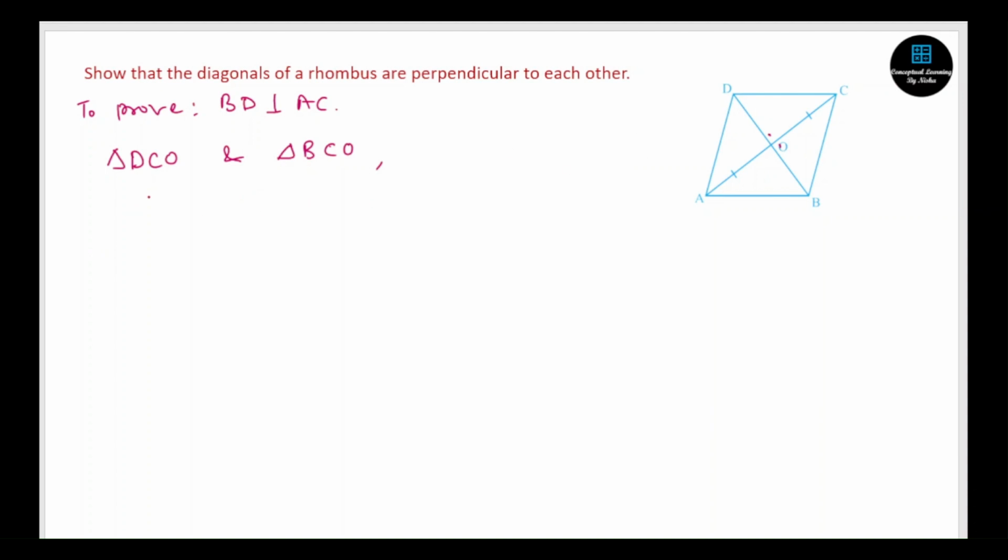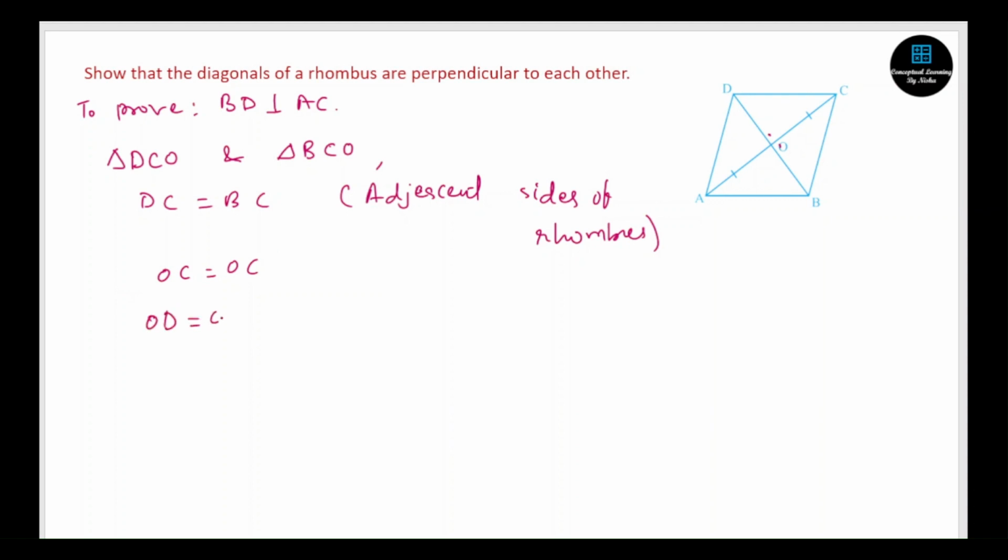Now here, what can I say? DC is equal to BC, adjacent sides of a rhombus, correct? Also OC is common, correct? OC is equal to OC, and we already know that the diagonals of a parallelogram bisect each other. Means what?